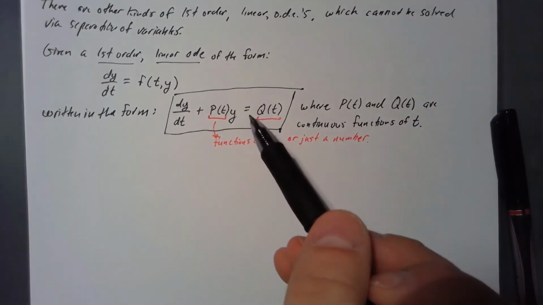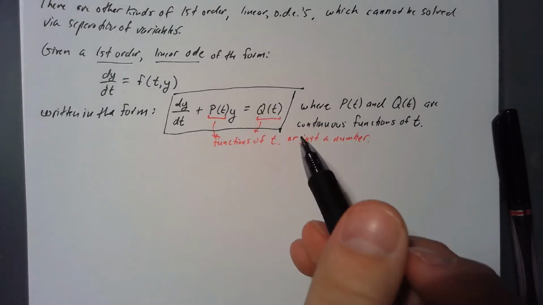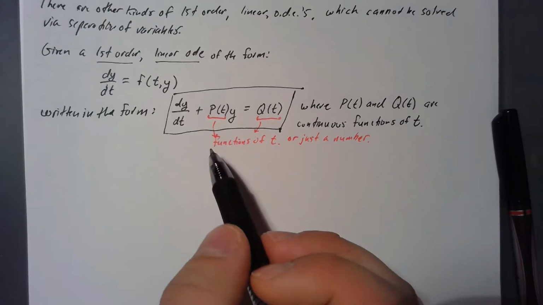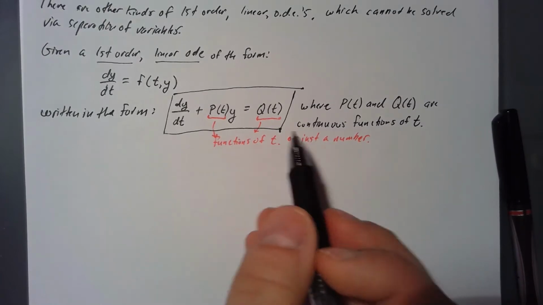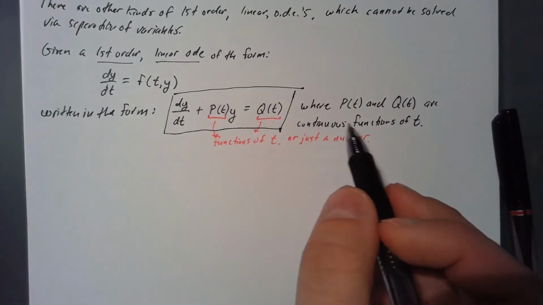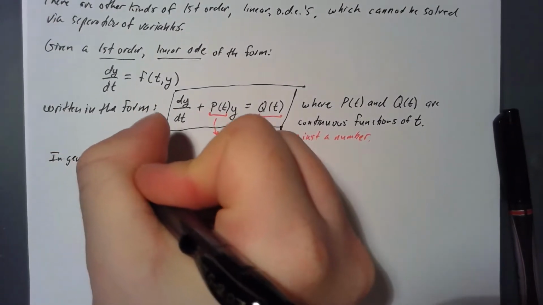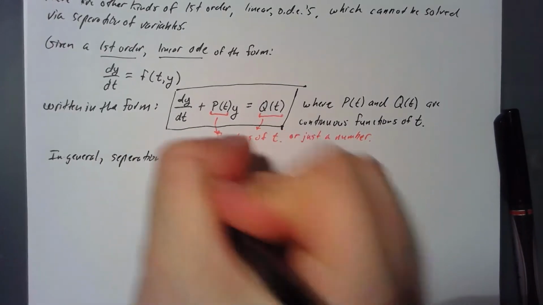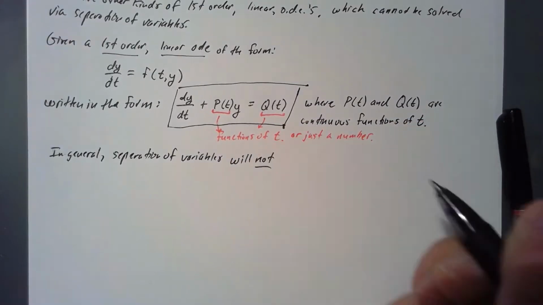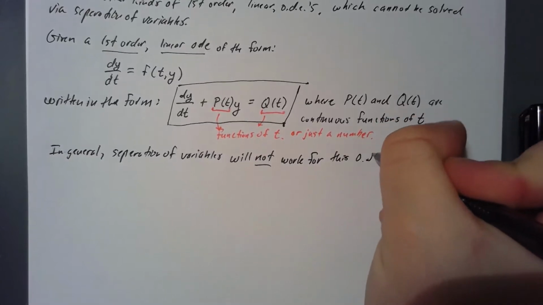So if I have a first-order linear ODE in this form, separation of variables will not work. This is the form that we're looking at. So in general, separation of variables will not work for this ODE.